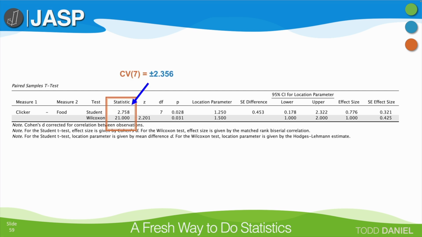The test statistic is 2.758. Our critical value is 2.3. 2.7 exceeds 2.3. It is over the fence. The degrees of freedom is 7. That's the number of pairs. There were 8 pairs. Our p-value is 0.02, which is less than 0.05.